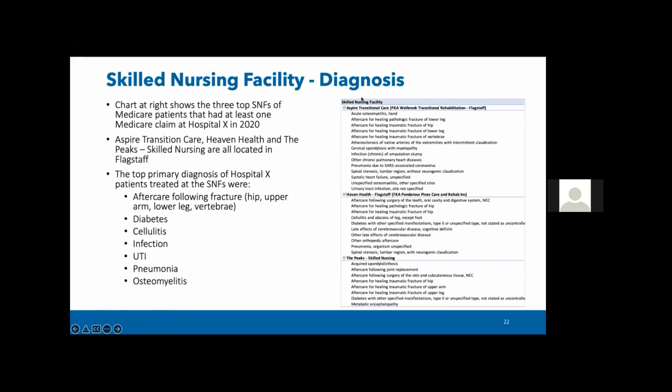Here, this is the part where I get to do some storytelling. As I had mentioned, that critical access hospital in Arizona does not offer swing bed services. And the big key question for them is, is it feasible?